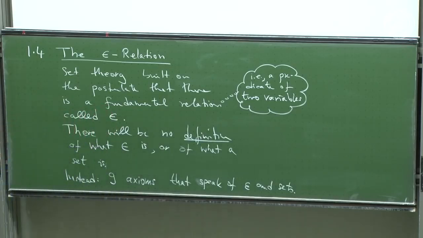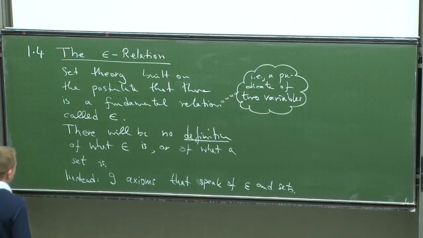And these axioms will teach us how to use epsilon and what constitutes a set. So it will only be the interplay between the epsilon and what we call sets, which defines what a set is and which defines what the epsilon means.